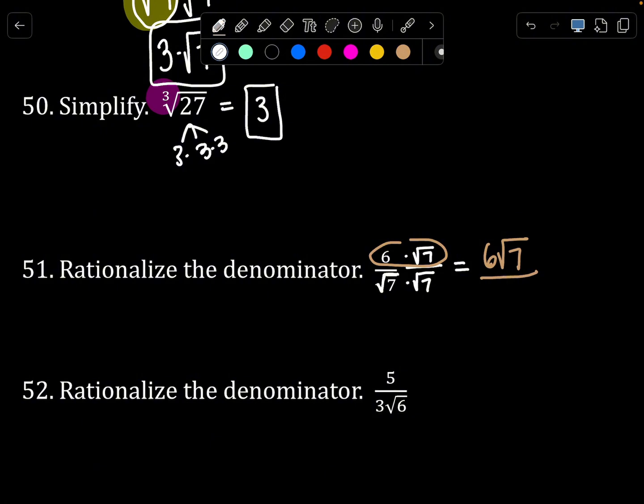Over, the square root of 7 times the square root of 7 is radical 7 squared, which is just 7. Remember, a radical and a square cancel each other out.